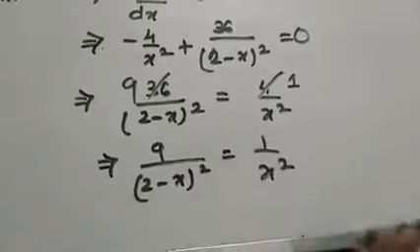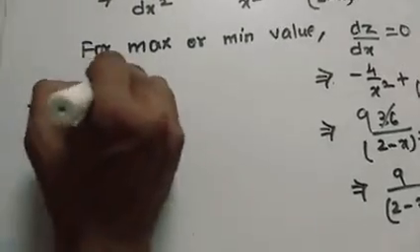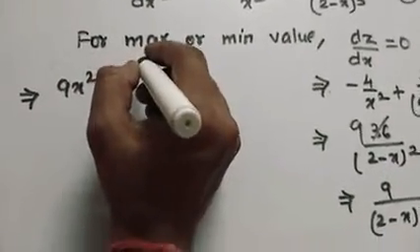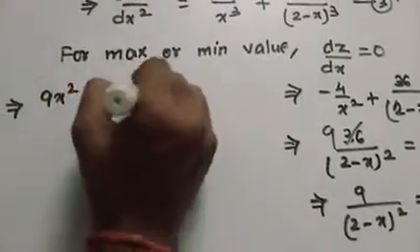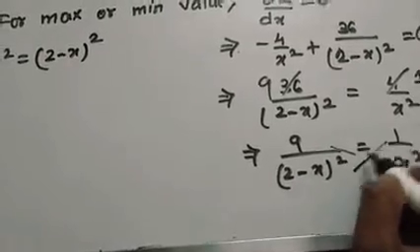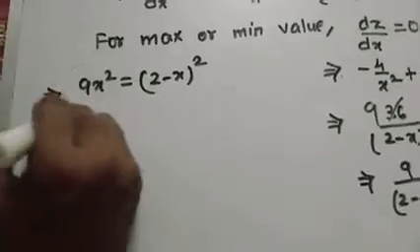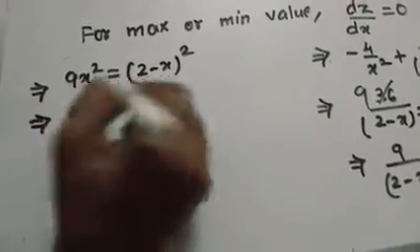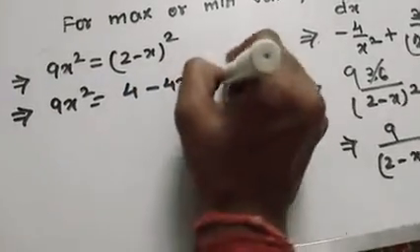Now do the cross multiplication. So that gives 9x square equals 2 minus x whole square. Just doing the simple cross multiplication: this sending to that side, that sending to this side. Now let us open the bracket, putting the formula a minus b whole square, that is 4 minus 4x plus x square.